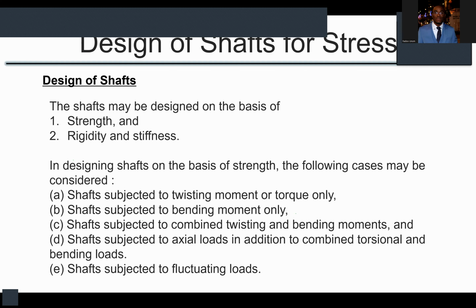The second basis on which you can design a shaft is rigidity and stiffness. That is a case where deflection is much more important to you than strength. We will still consider deflection with our strength calculations. But if your matter is deflection, then you want your shaft to be very rigid. There's a design approach that is based on rigidity and stiffness.